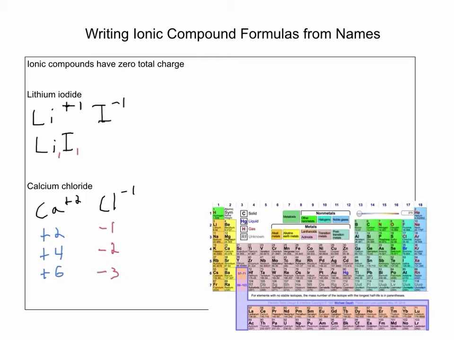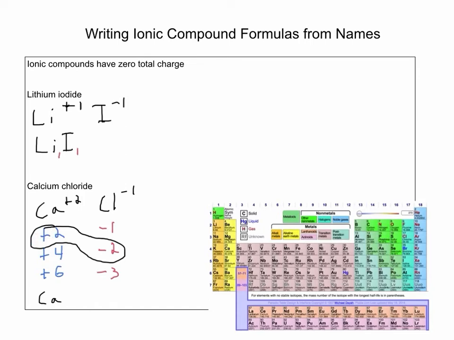And what we'll do now is actually find the lowest common multiple, the LCM. You may remember that from math. And in this case, the lowest common multiple is 2. Well, what does this tell me? Well, it tells me that if I have calcium in my compound, I need 1 calcium to get a +2 charge.